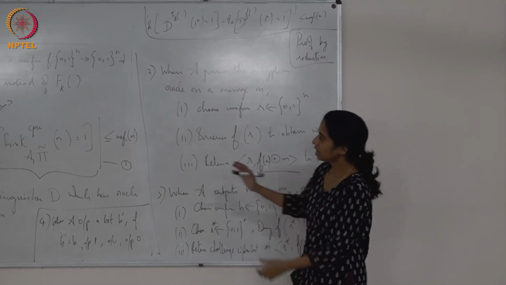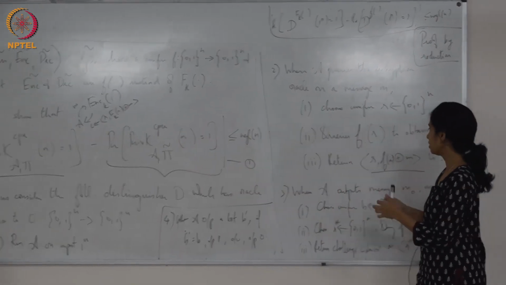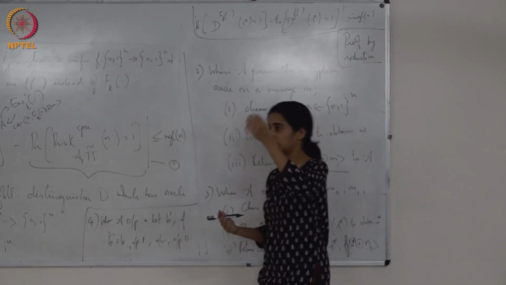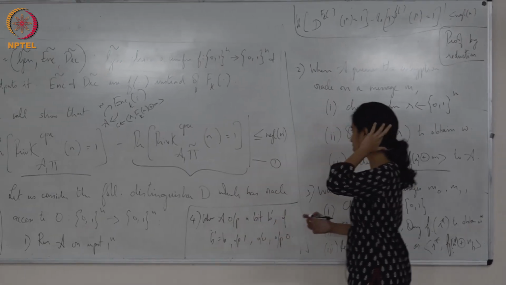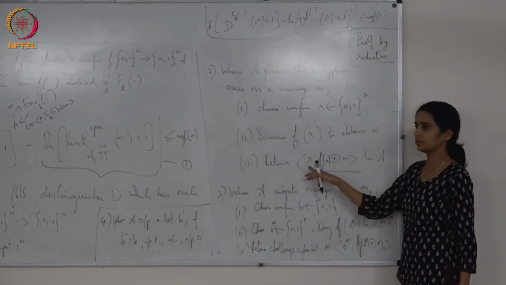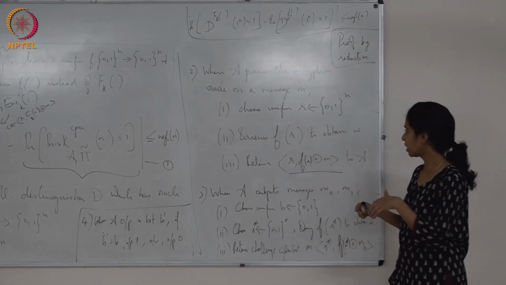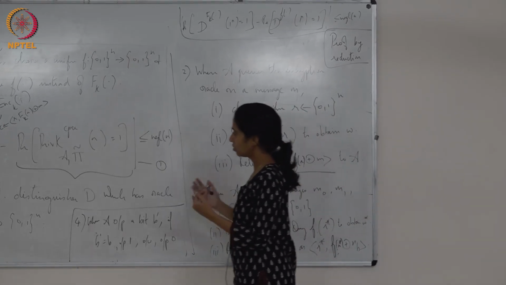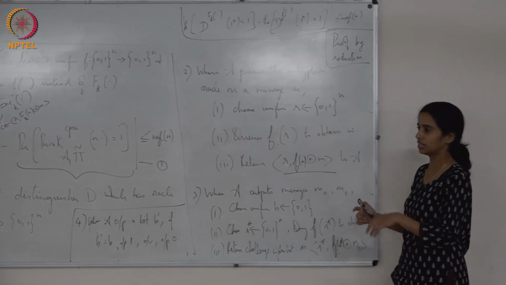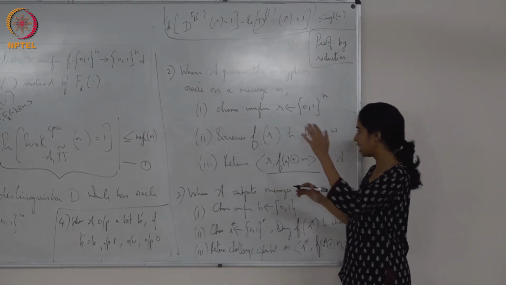To bound this probability, because A is restricted to making polynomially many queries, being a probabilistic polynomial time adversary, we can bound the probability with which R can repeat. If A makes at most q queries, for R to repeat it should happen with probability at most q over 2 to the n, and you can see it pretty easily, so I'll ask you to take a look at it later.